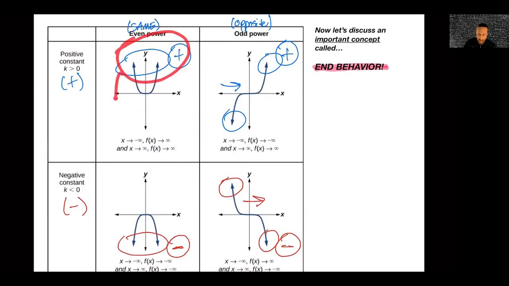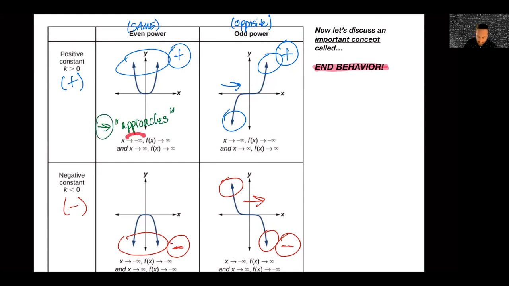Or if they show us, how can we tell them how it behaves on the ends, the far extremes? Well, we're going to say with these arrows, it's going to mean what it approaches. That's what that arrow means.